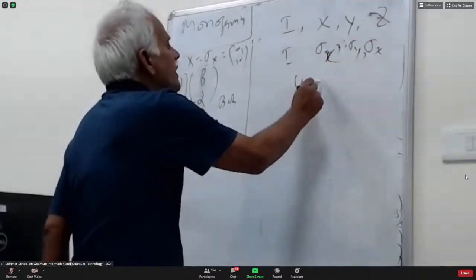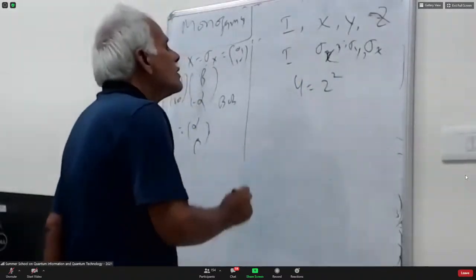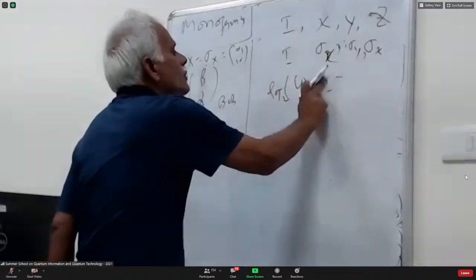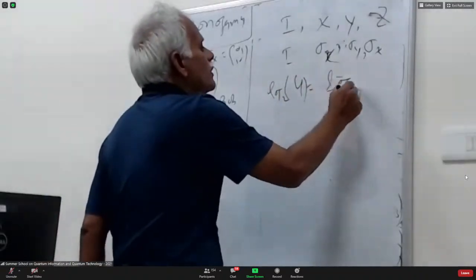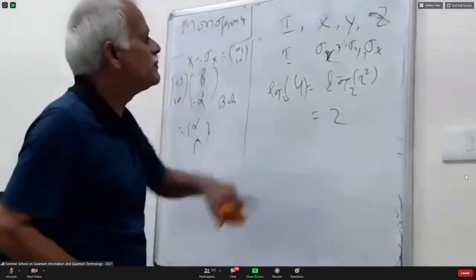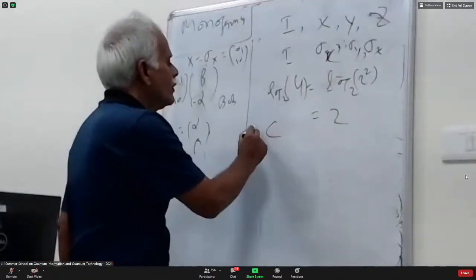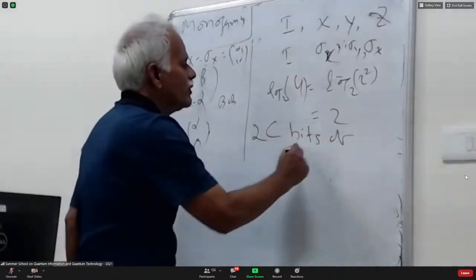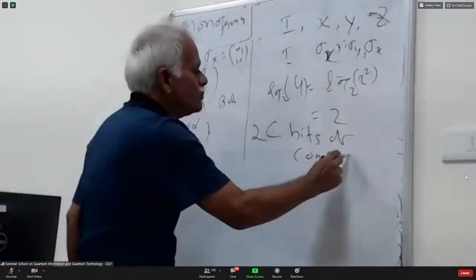So 4 is written as 2 squared. The log with respect to base 2, how it is measured, that is 2. So this is called 2 cbits of communication.